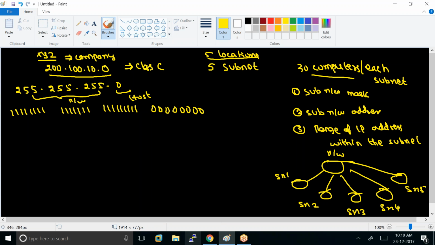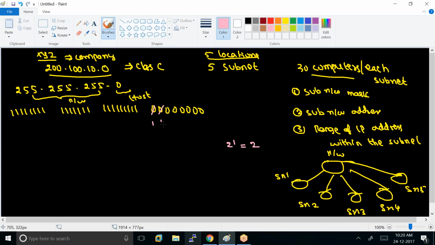Here we want to compute the subnet mask first. Since I want to form 5 subnets, I need to borrow some bits from the host part. Let me take 1 here. If I take 1, that is 2 power 1, I can have 2 networks.